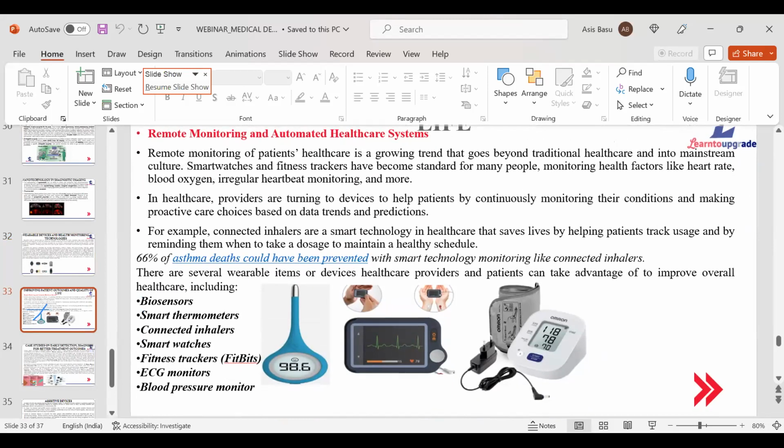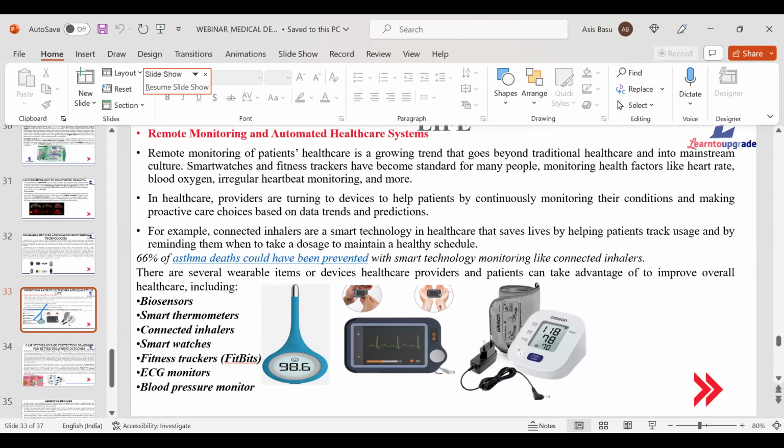Why? Because particularly in case of the smartwatches, we can continuously monitor our heart rate, our respiratory rate, then oxygen saturation. If I'm walking less, then this is happening to me, or if I'm eating more, this is happening to me, then it will be easier for us to be careful about our health conditions.